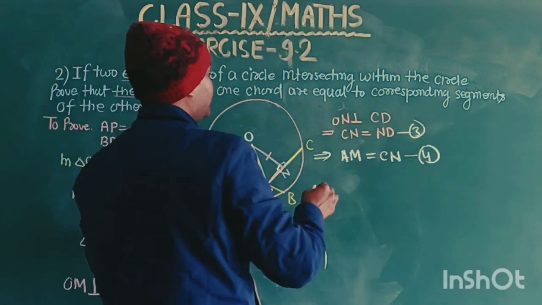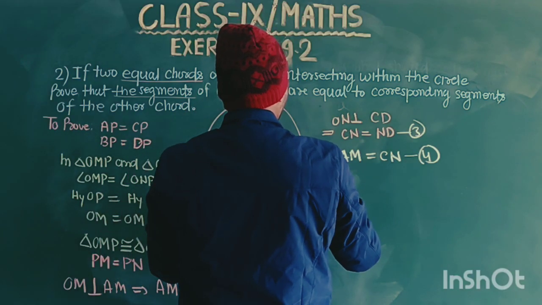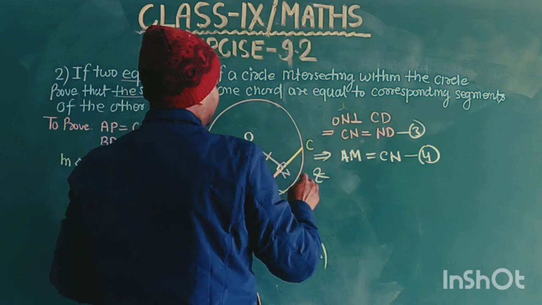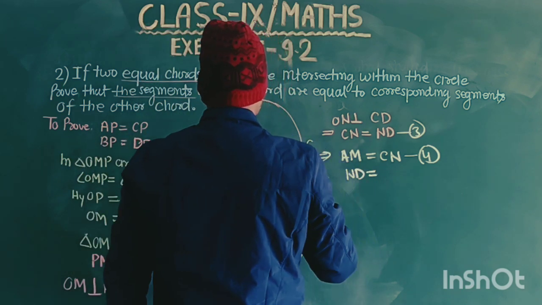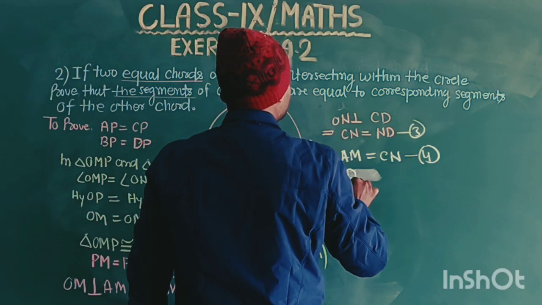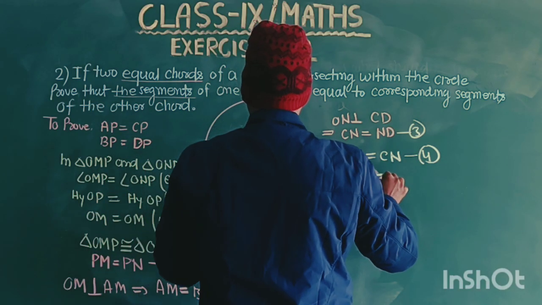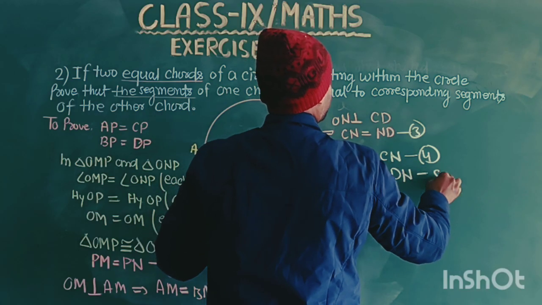And also write BM equal to DN. This is equation number 5.